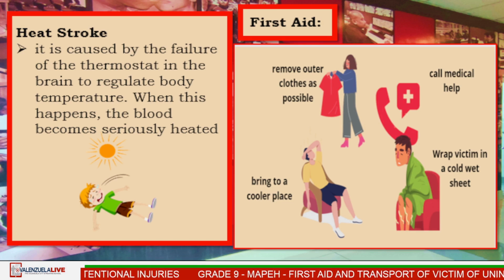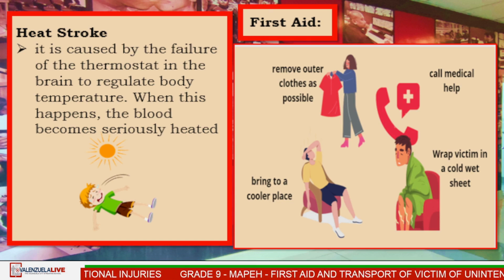Heat stroke. It is caused by the failure of the thermostat in the brain to regulate body temperature. When this happens, the blood becomes seriously heated. First aid technique: move the person immediately to a cool place. Remove as much of his outer clothing as possible.